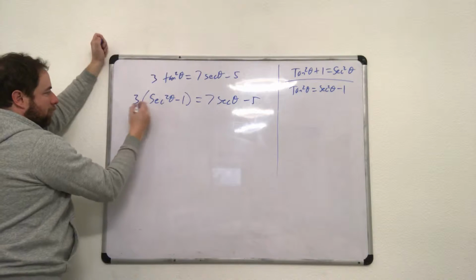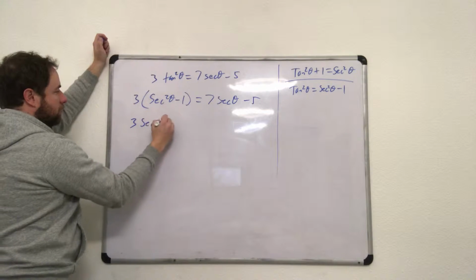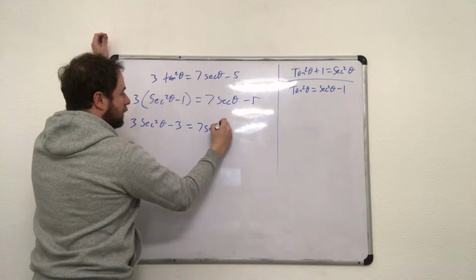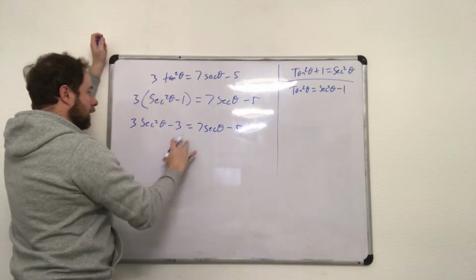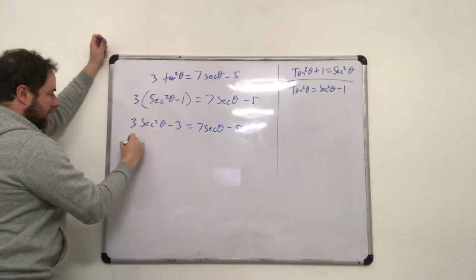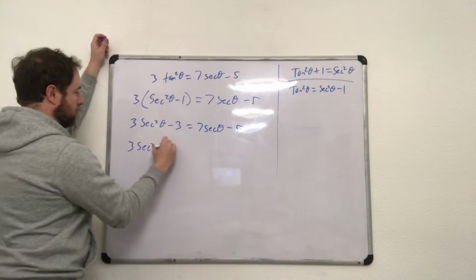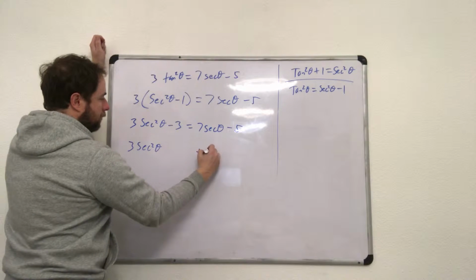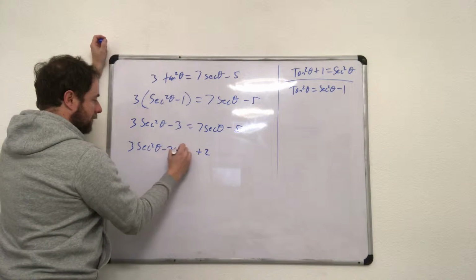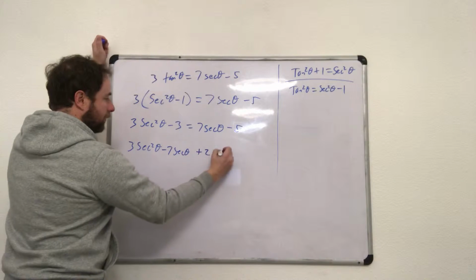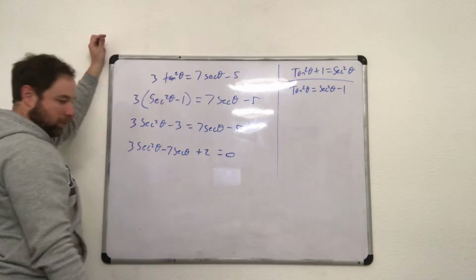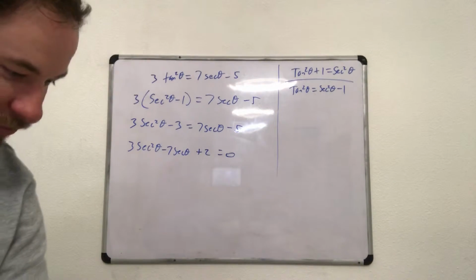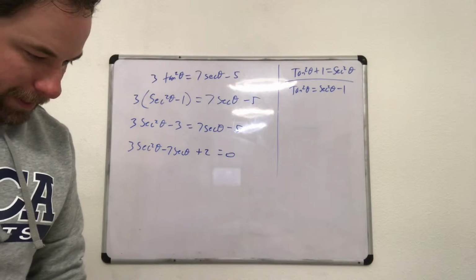So multiply this out, you get 3 secant squared theta minus 3 equals 7 secant theta minus 5. Let's bring everything to this side, so we get 3 secant squared theta. This would be plus 5, so it ended up being plus 2. We get minus 7 secant theta plus 2 equals 0. Now what we're going to do is end up solving for this.